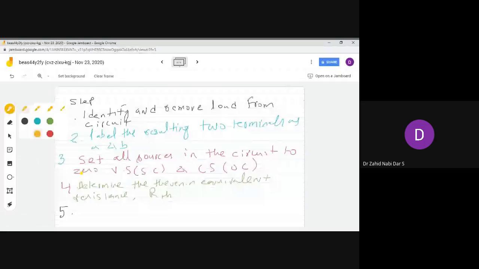So point number 5 would be, after you have done all this and determined R Thevenin, now replace the sources.